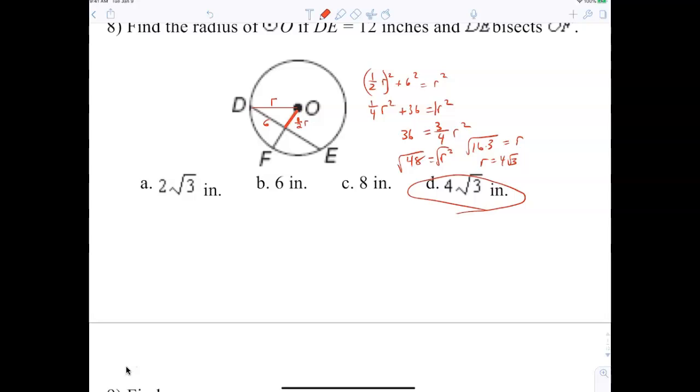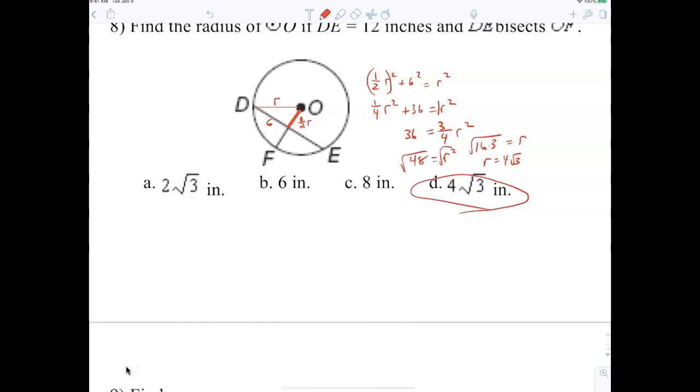Oh yeah, because this is the 60, this is the 30, right? Because this is perpendicular, yeah, but for whatever reason, if I take 6 and, what are we looking for?